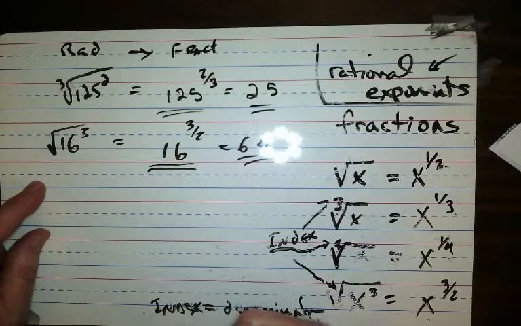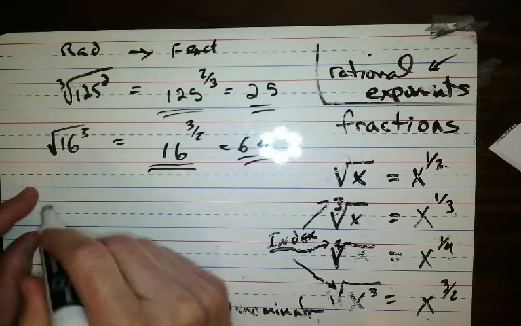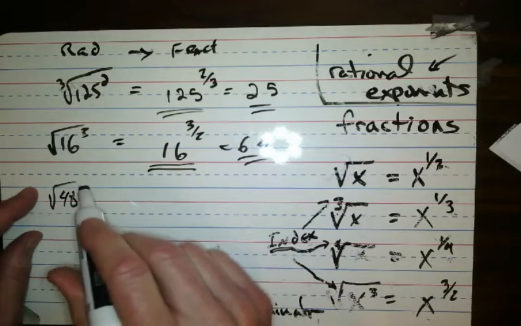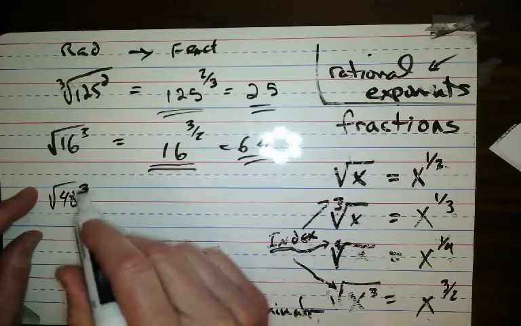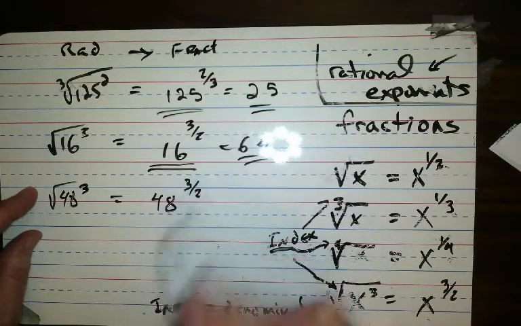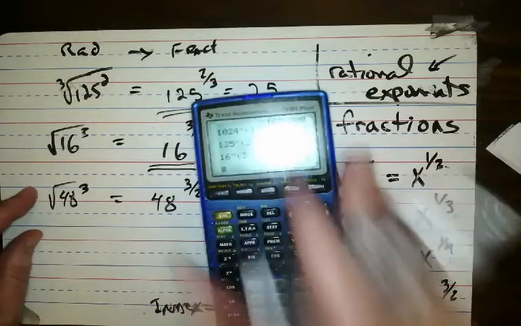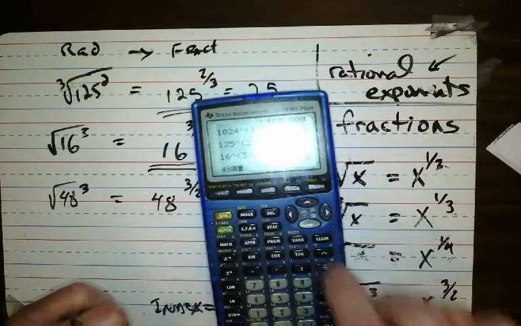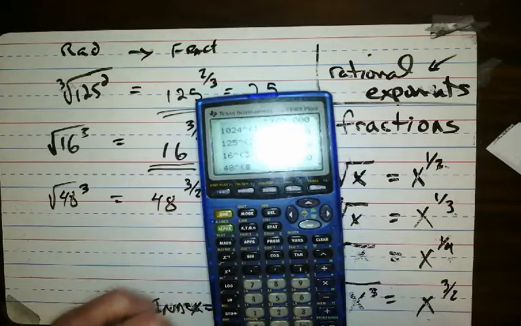Let's do one like the square root of 48 to the 3rd power, right? That would just be 48, 3 over 2, right? But whenever you do that, you get a nasty decimal. We don't want that. No way, Jose. Let's do 3 divided by 2, kaboom, kaboom.